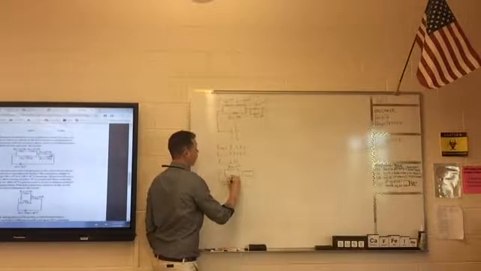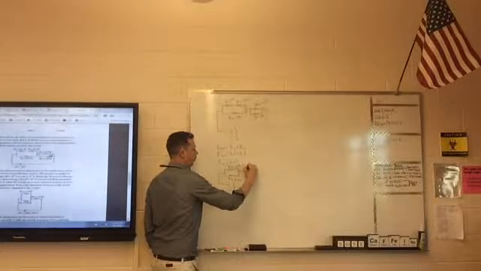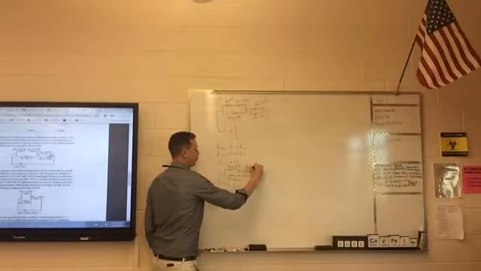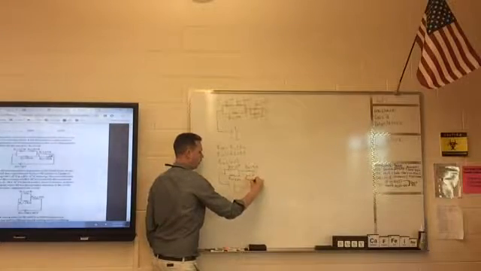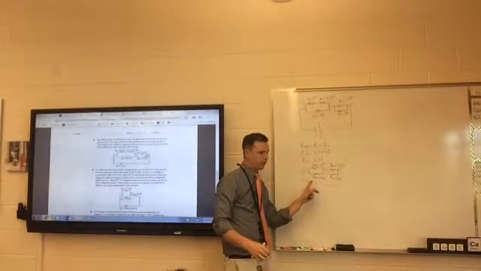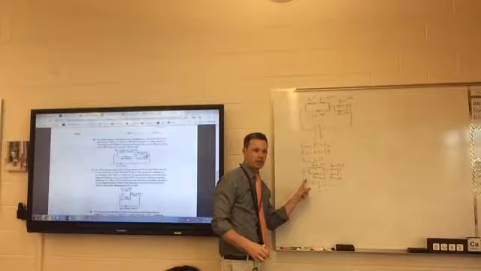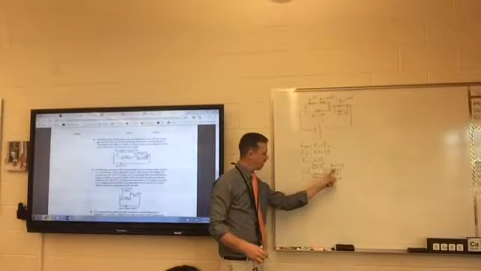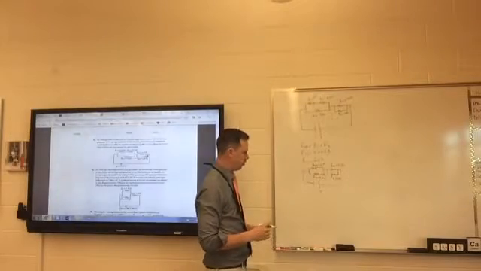Then R3 is 3 ohms, R4 is 4 ohms, and R5 is 1 ohm, okay? Now we've got two parallel circuits that are in series with each other. This is a parallel circuit, and that is a parallel circuit, and together they are in series with each other.